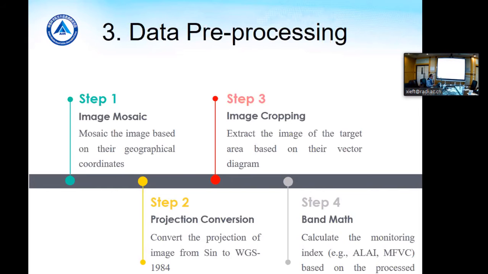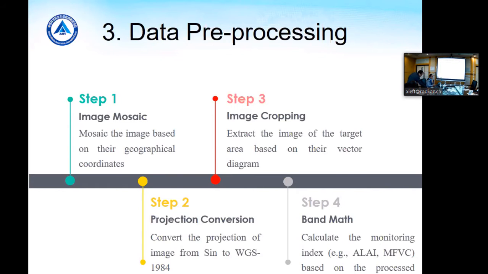Step 2 is projection conversion. The projection of the product is converted from the sinusoidal projection to WGS 1984 for better display effects.